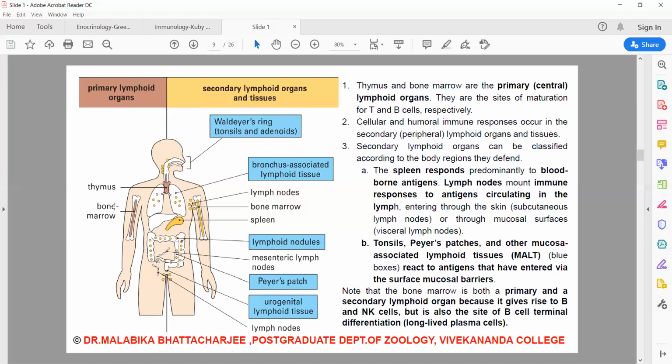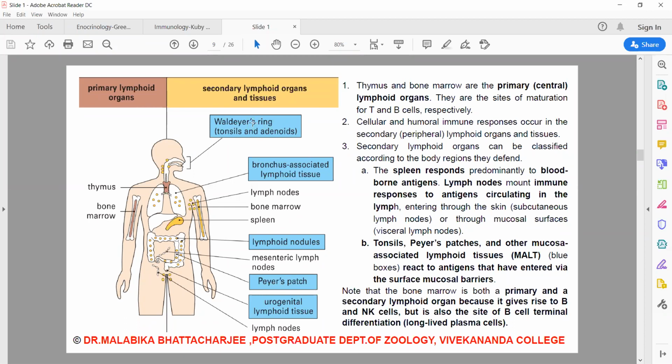The spleen is a very vital secondary lymphoid organ because it responds to all the blood-borne antigens. The lymph nodes are found spread throughout the body, and they trap the antigens that are circulating in the lymph. These antigens may enter through the skin or through the mucosal surfaces.